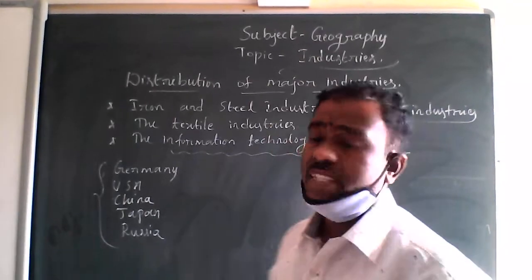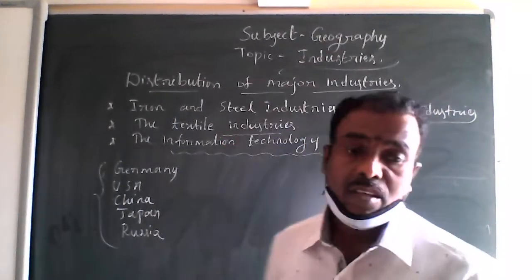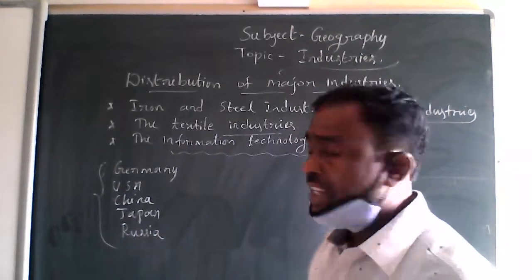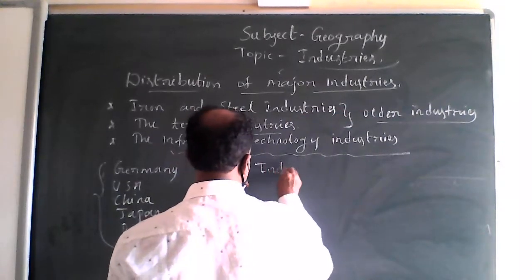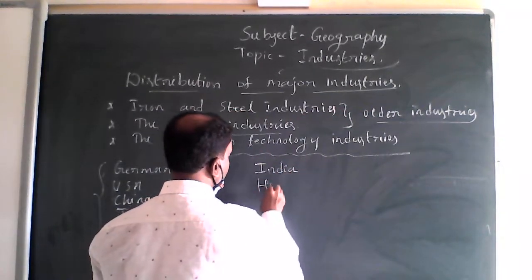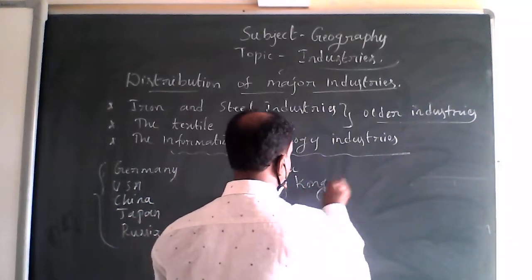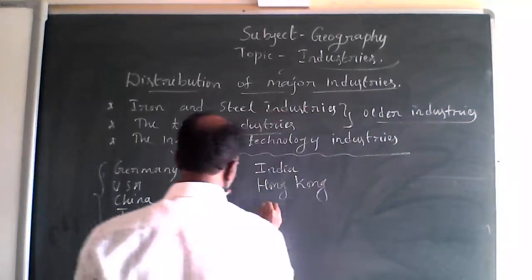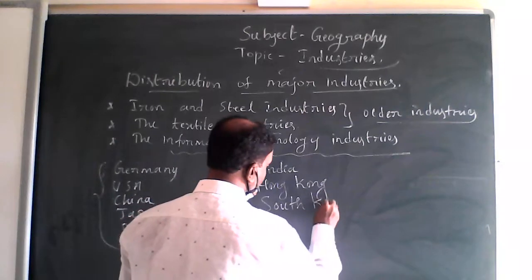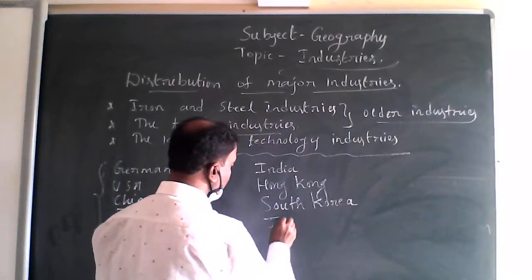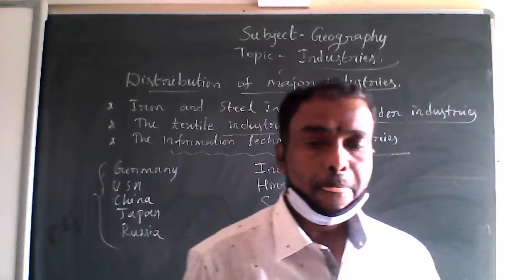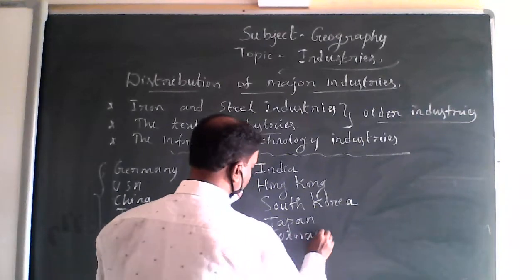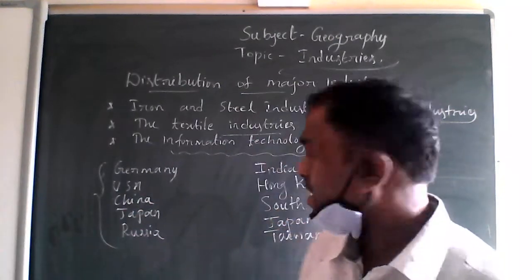And what about textile industries? See, the textile industry is concentrated in India, Hong Kong, South Korea, Japan and Taiwan.